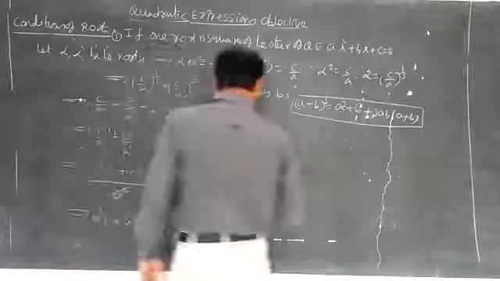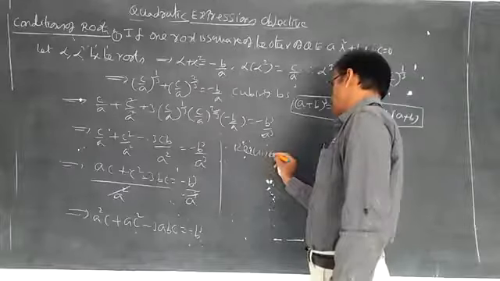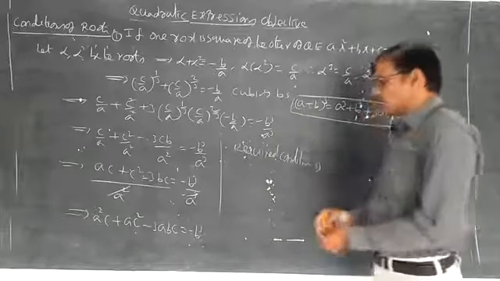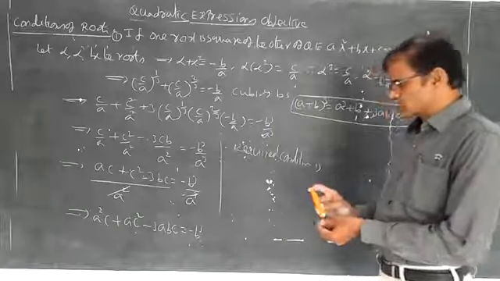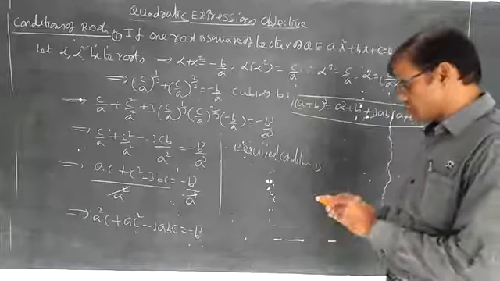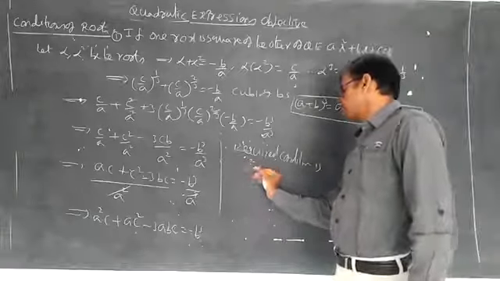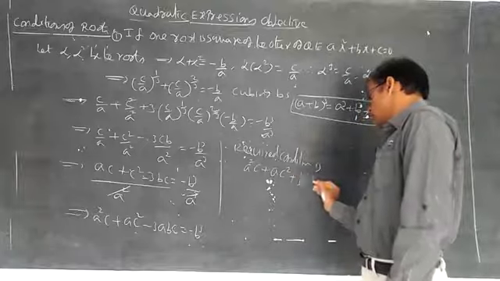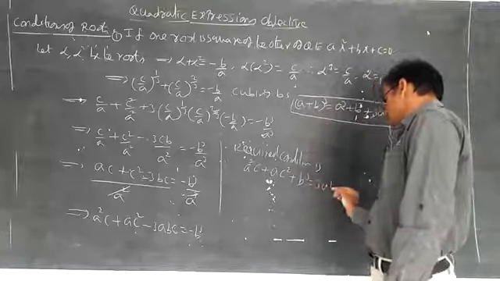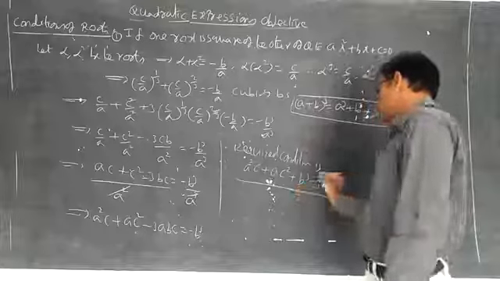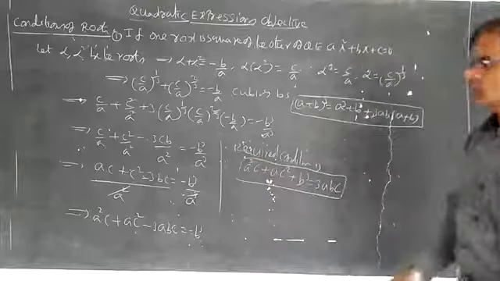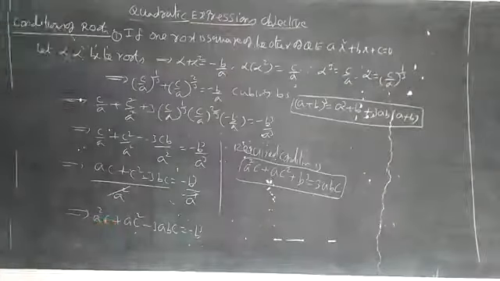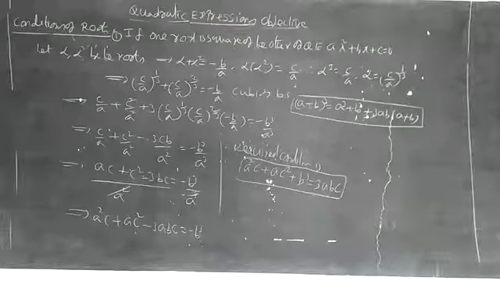Therefore, this is the required condition: a square c plus ac square plus b cube is equal to 3abc. This is the formula if one root is the square of the other. You should remember it as a synopsis, otherwise you can do the full sum.